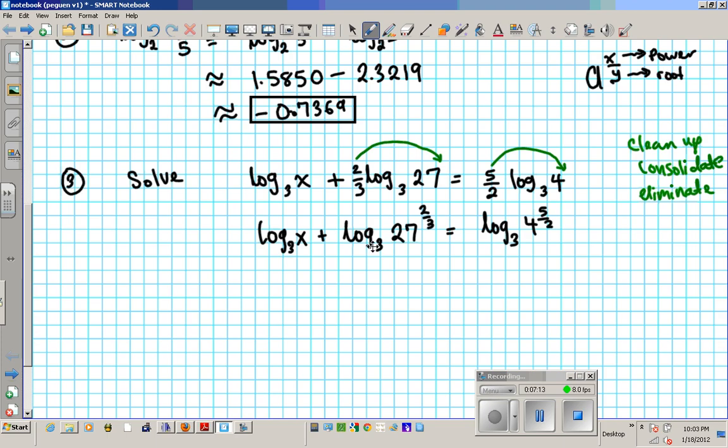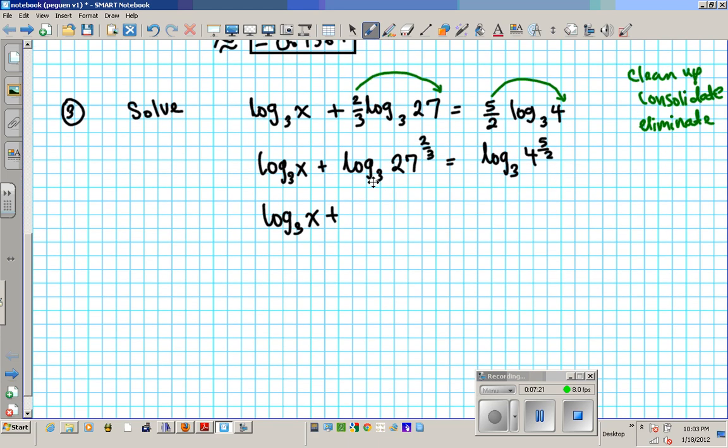So how do we write these two messy logs? Bring this one down, and then you have log base 3 of the third root of 27 raised to the second power equals log base 3 of the square root of 4 raised to the 5th power.